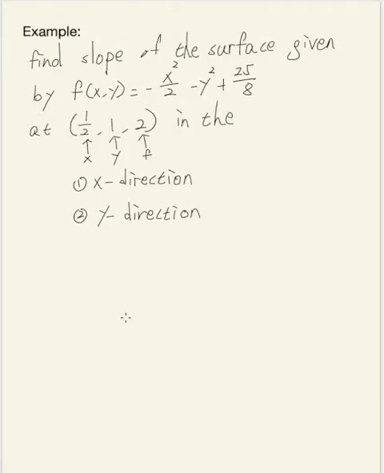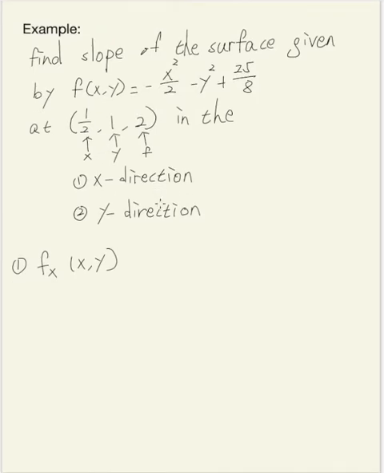All right, let's calculate this. We have our function f, then we take the partial derivative with respect to x. So this is part 1, x direction. From what we talked about before, we know that the slope in the x direction is the partial derivative with respect to x evaluated at this point, right?